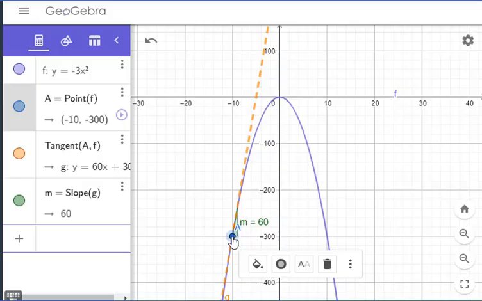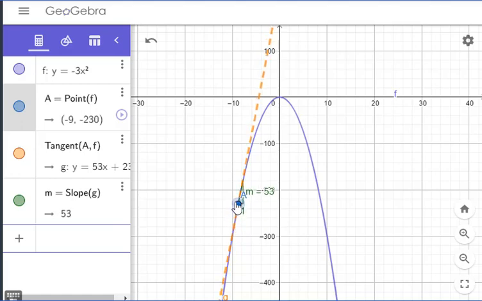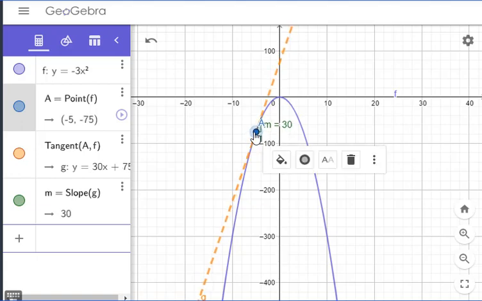When x equals negative 5, see (negative 5, negative 75), then the slope of a tangent line equals 30.